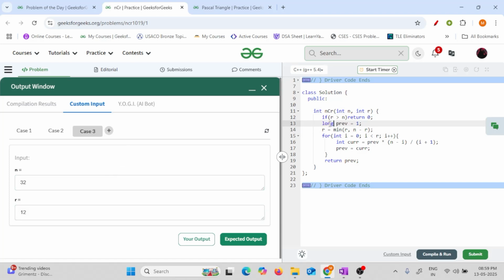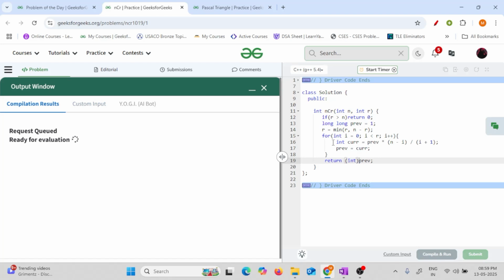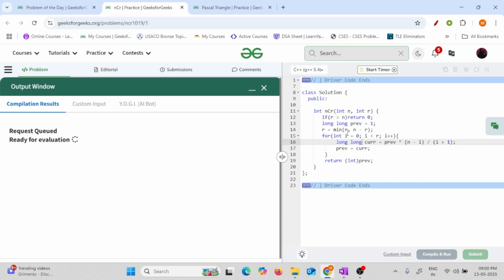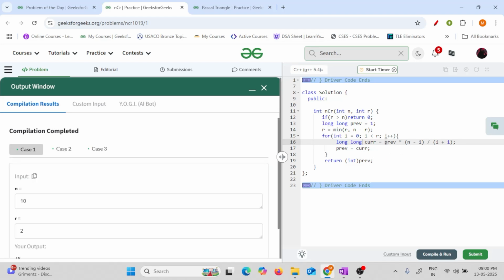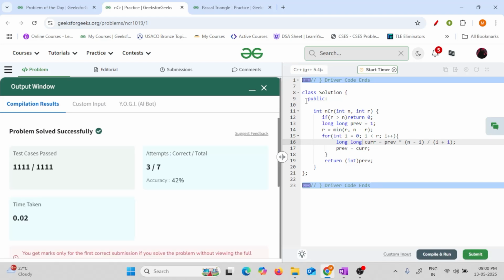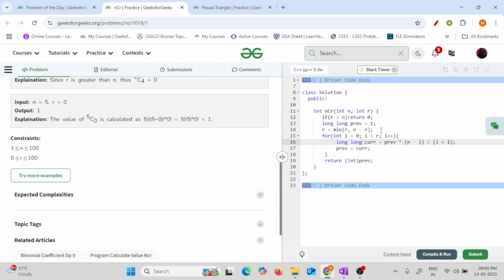So I'll make previous a long instead of an int, because it is giving me integer overflow. I'm using long for the safer side, because we are doing multiplication. Now if I submit it, hopefully it will get accepted; if we get any error, we'll fix it. Yes, it got accepted successfully. And what is the time complexity of this? The time complexity is big O of r.